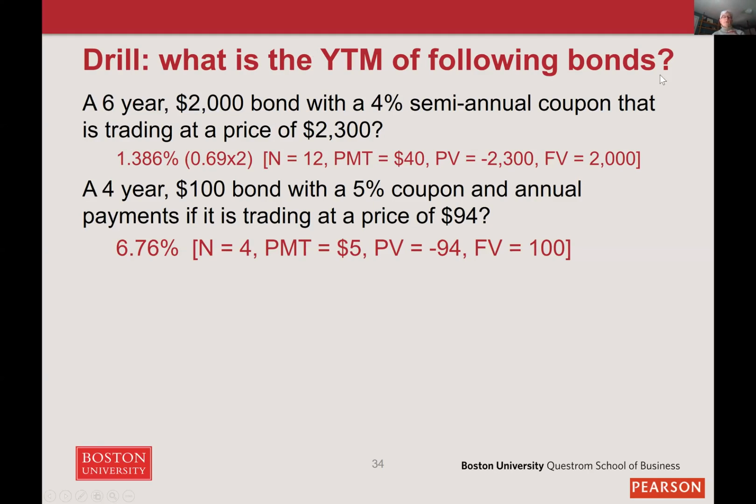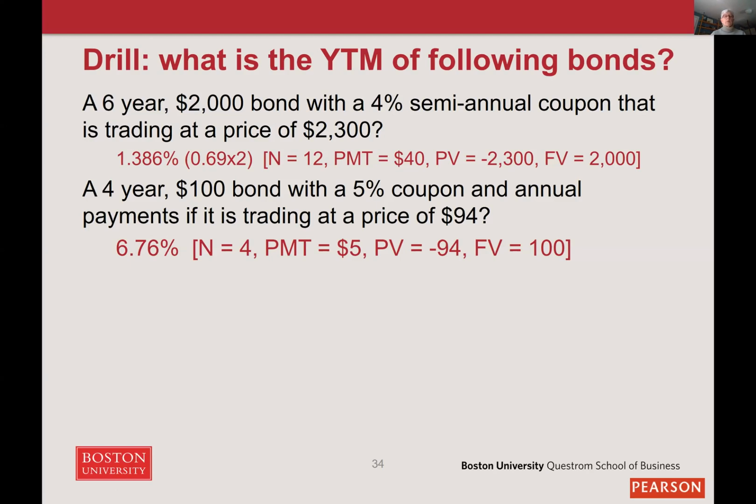So what I've just posted here is the answer at the beginning, but also what the calculator inputs are to get it. So what I'm looking at from almost all of you, a number of people are fine.